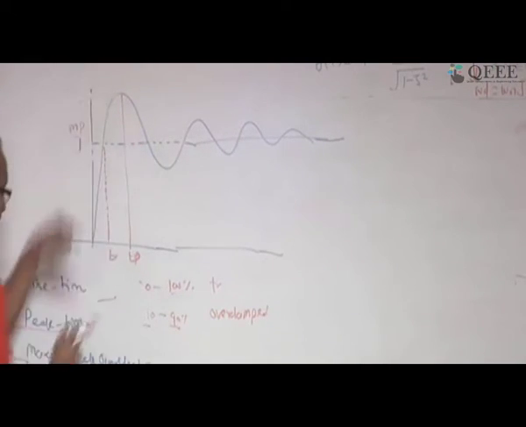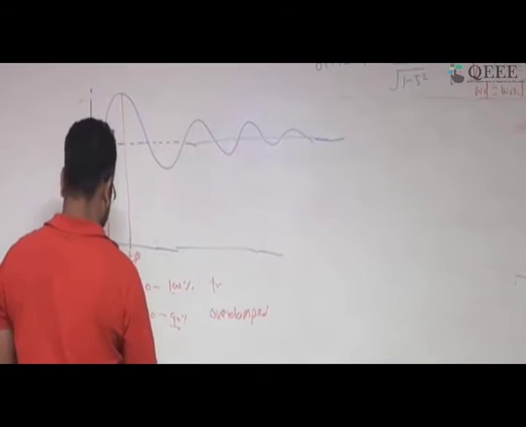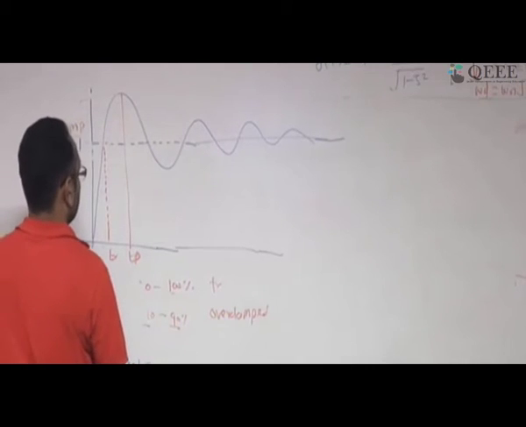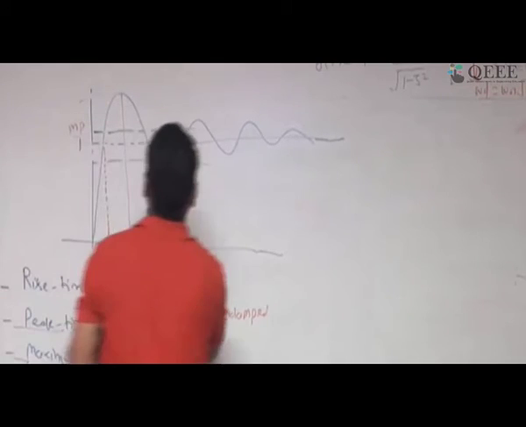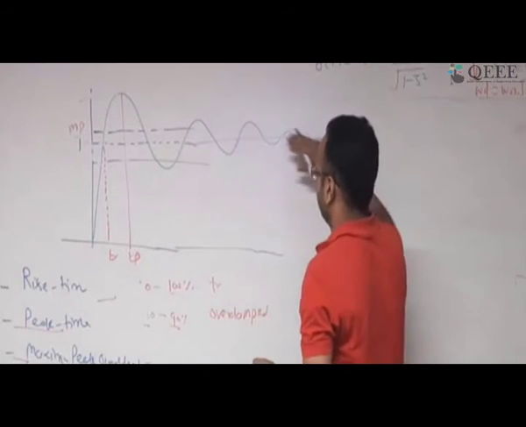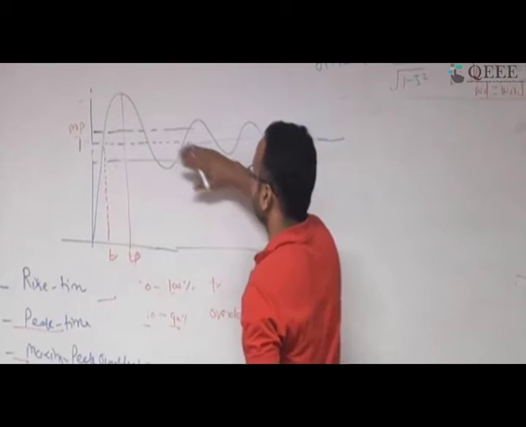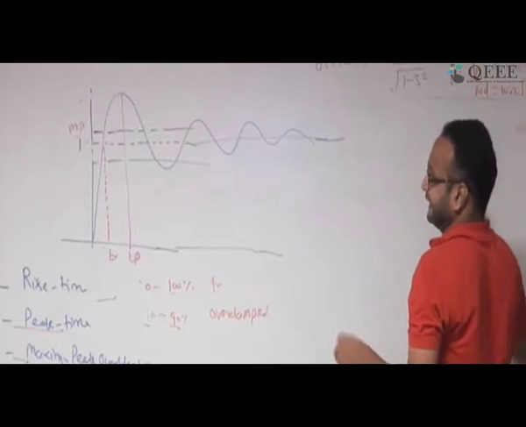Settling time is a very important parameter that we use. If you look at it, this is some kind of oscillatory behavior, a sinusoid, and as you keep on going, this oscillation will decay.